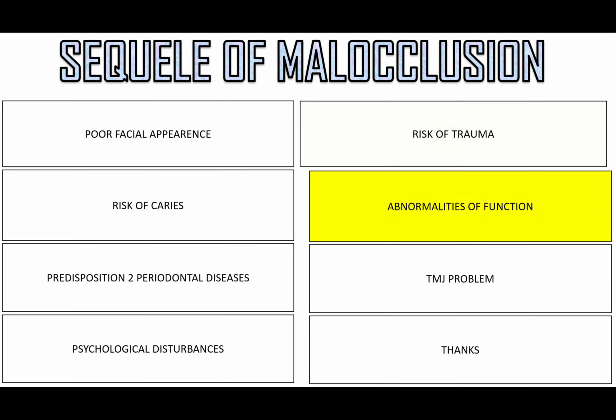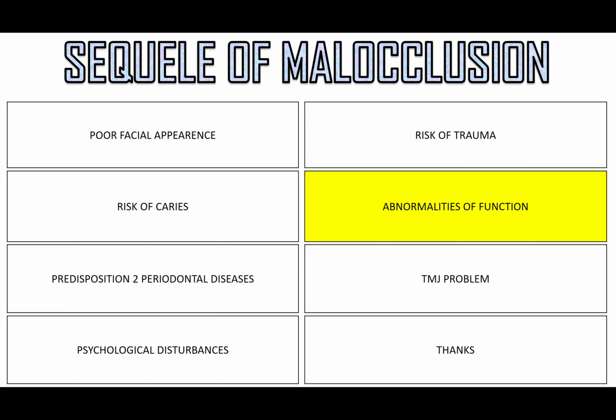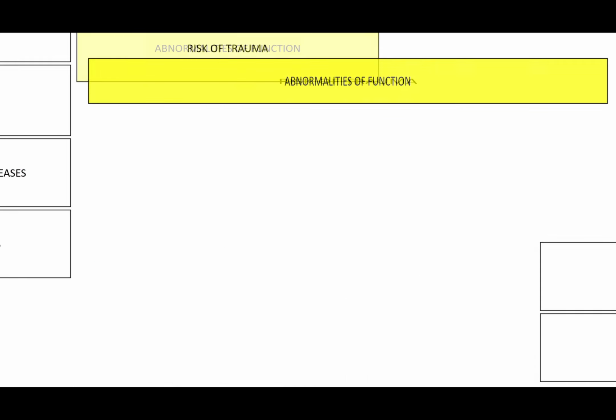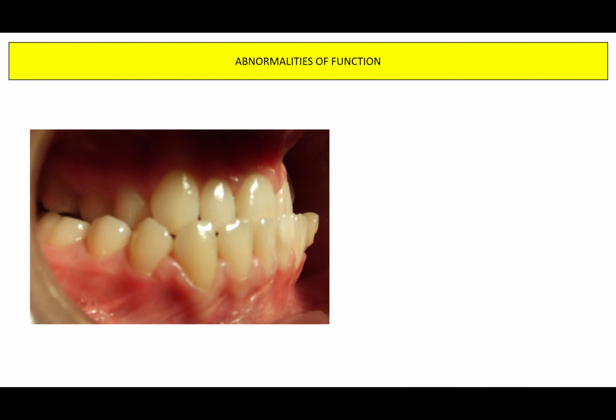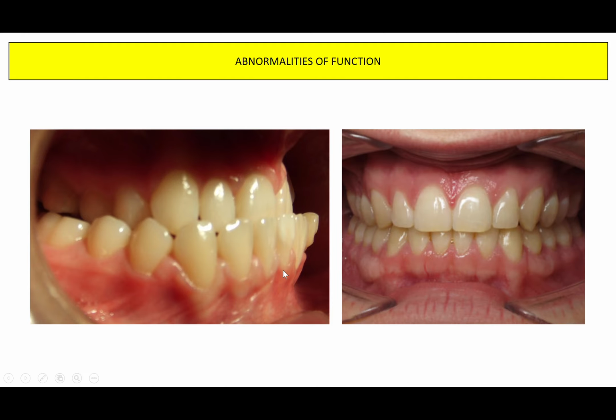The next category of malocclusion is abnormalities of function. Many malocclusions cause abnormalities in the function of the somatognathic system, such as improper deglutition, defects in speech, improper respiration, etc. Here you can see this is a malocclusion patient. You can quite recognize the functional problem.